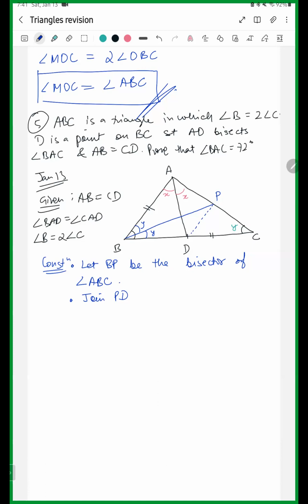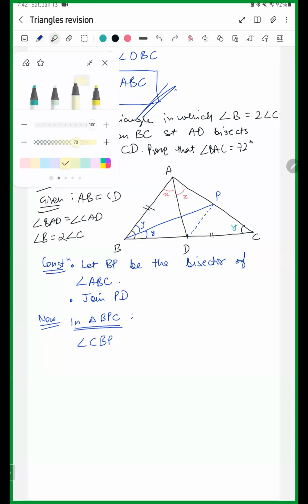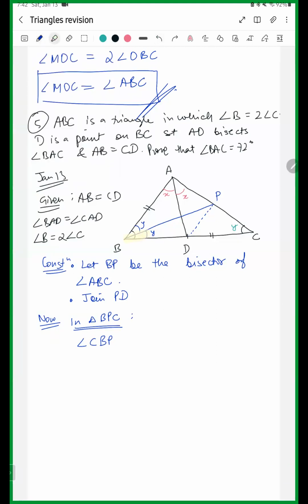Now, in triangle BPC, we have angle CBP and angle BCP, and we can see that these two angles are equal to each other.